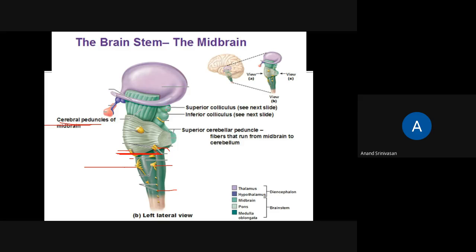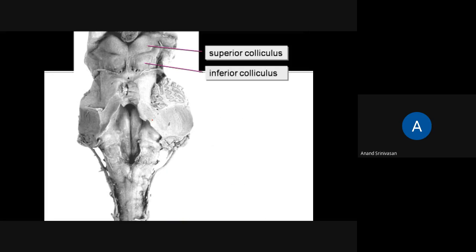In the posterior part of the midbrain, here you can see superior colliculus and inferior colliculus. In this picture, which is the posterior aspect of the midbrain, pons and medulla, you can see the upper part of the midbrain containing the superior and inferior colliculus.